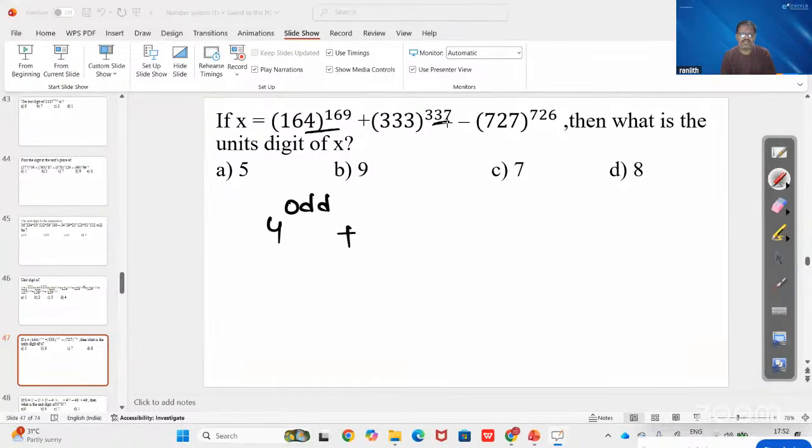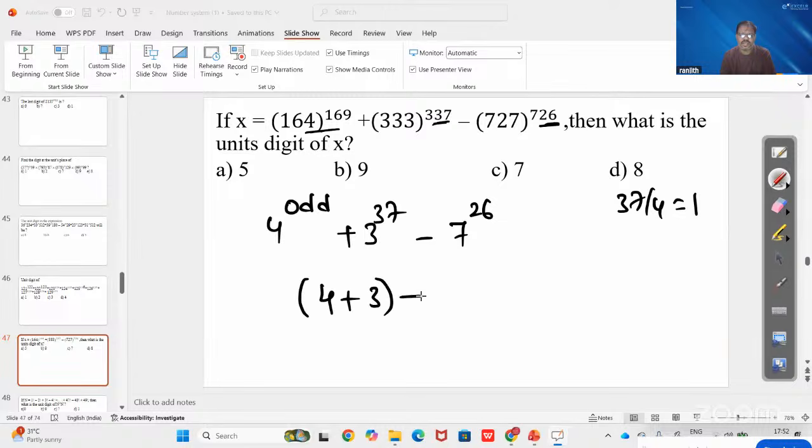3 power 37, last two digits, 37. Minus 7 power last two digits, 26. So when we divide 37 divided by 4, remainder will be equal to 1. 4 power odd will be equal to 4, 3 power 1 will be equal to 3, and next will be equal to 26 divided by 4, remainder equal to 2.